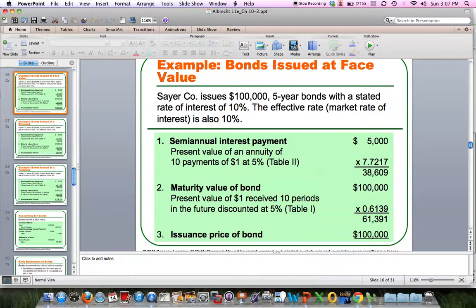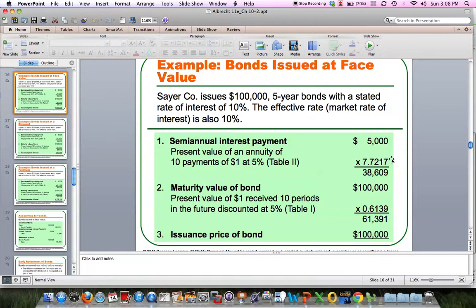The stated rate of interest is 10%, which is the same as the market, times time, and this says semi-annual. That means twice per year, so every 6 months. So if you took principal of 100,000 times 10%, 0.1, times 6 over 12 to represent 6 months, that would give you the $5,000. So every 6 months, interest will be paid of $5,000.